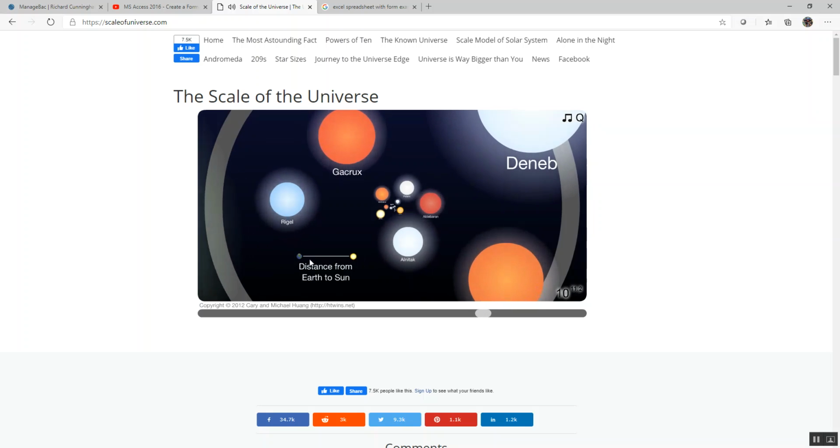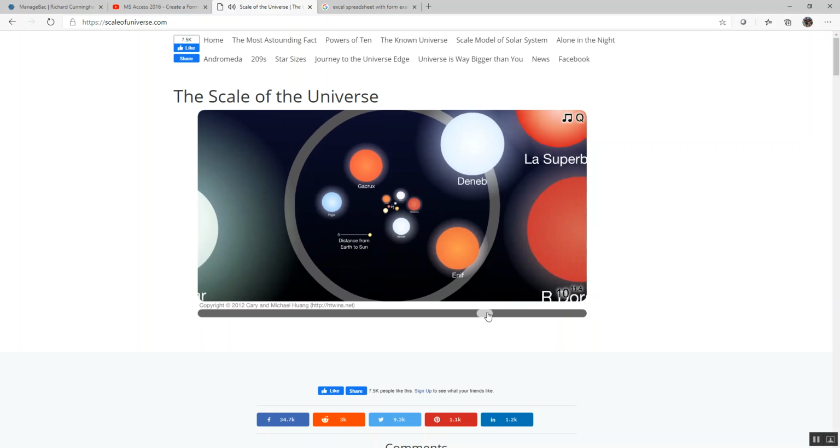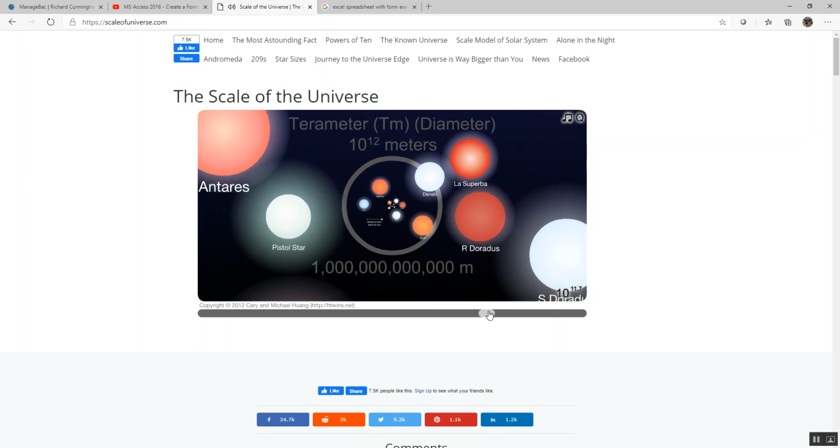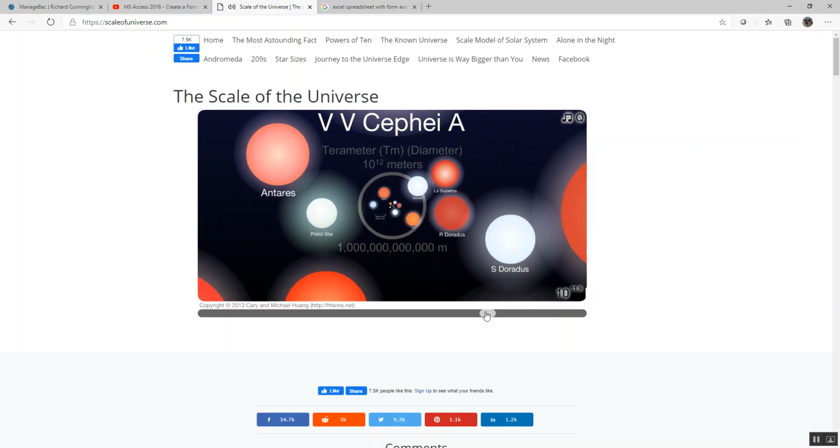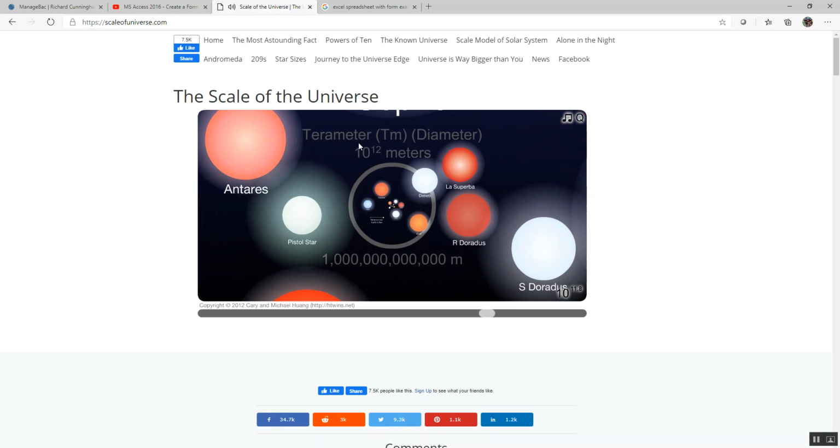So that's the distance from the Earth to the sun. All right, so there's a terameter. A terameter is 10 to the power of 12, and again, we can start to see that you can easily make mistakes when you're dealing with large numbers like this. It is a lot easier to use the exponents.